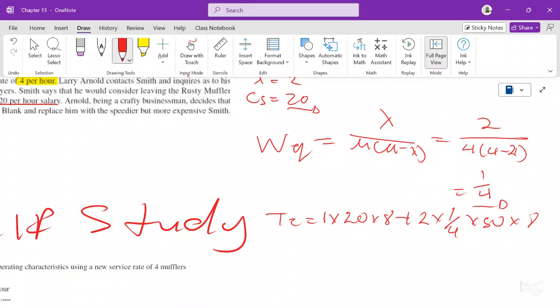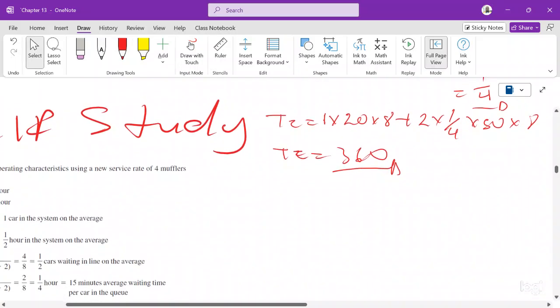So now our answer is going to be 1 times 20 times 8 plus 2 times 1 over 4 times 50 times 8. Then the new answer is 360. So the total cost has gone down.